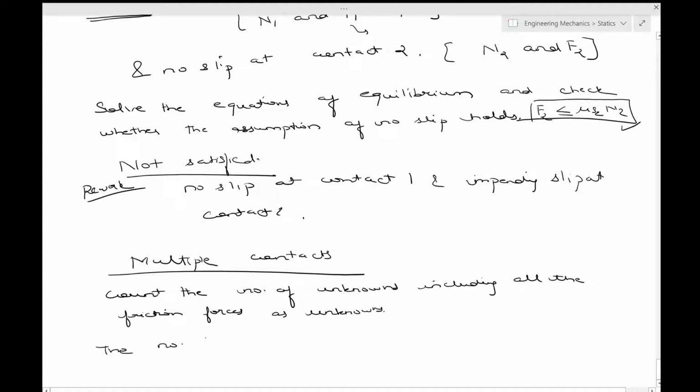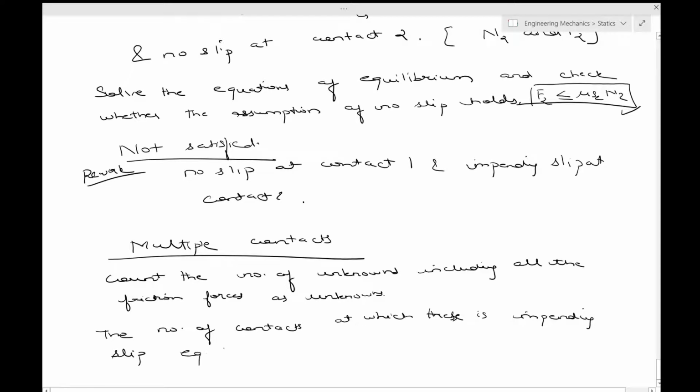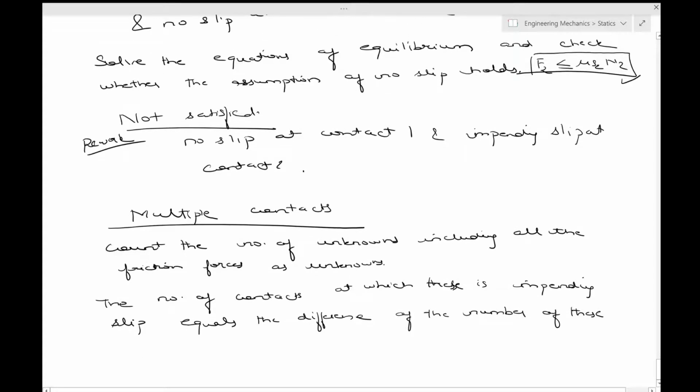Now the number of contacts at which there is impending slip equals the difference of the number of these unknowns and the number of independent equilibrium equations of all bodies. So that's how you can do the counting.